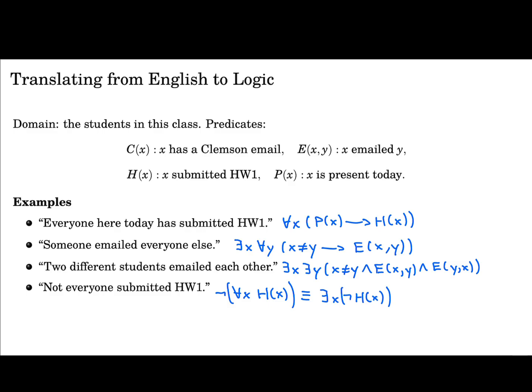And in a different video, we're actually going to see that you can always transform negations of for all into existence of negations, right? So yeah, for translating from English to logic, again, you want to always identify the domain, you want to identify the predicates, and then you do it by pieces, and there's more than one way to do it.